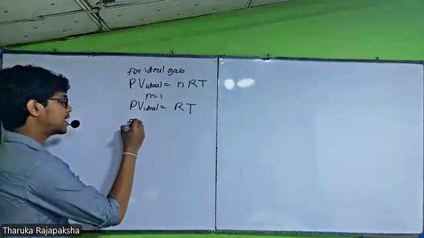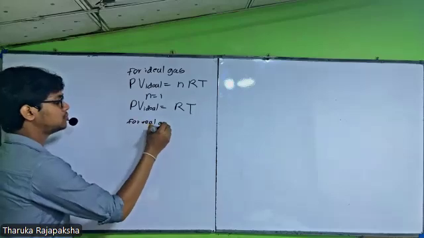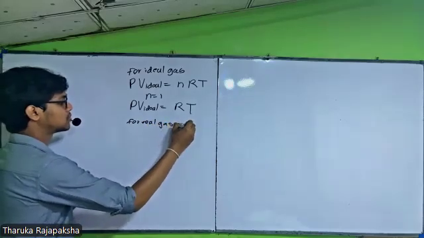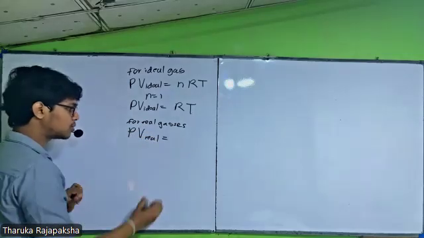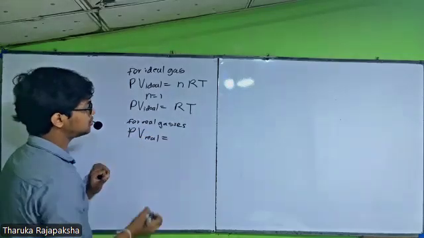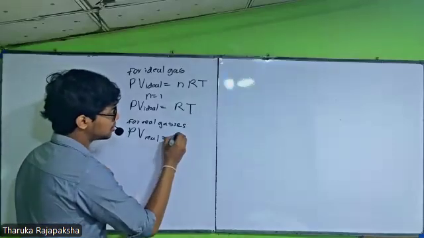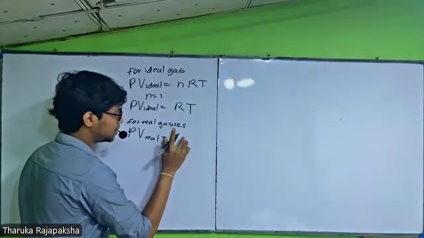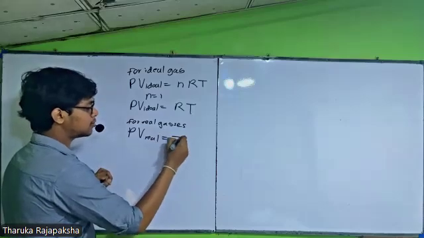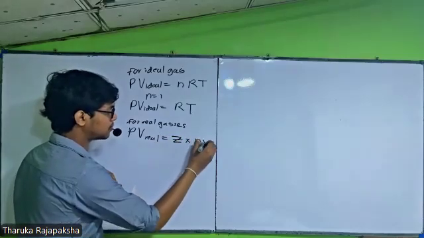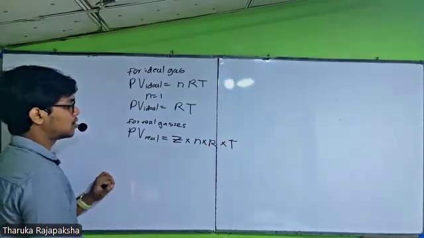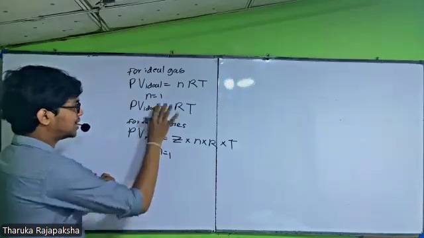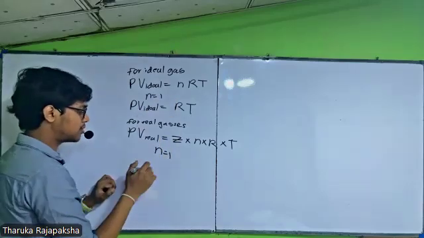Then for real gases, I can write PV real equals the Z value multiplied by nRT. Assuming n equals 1, here also we assumed n equals 1.